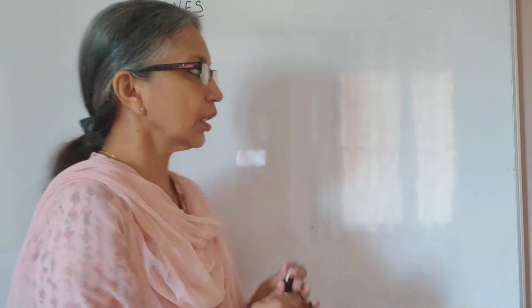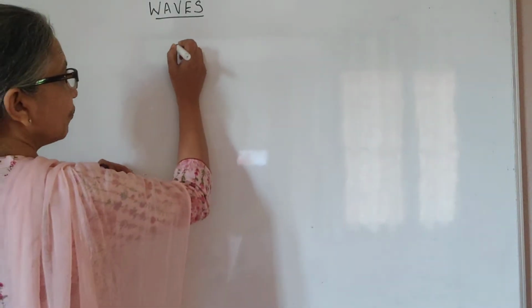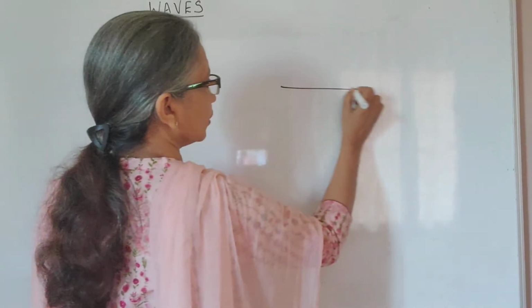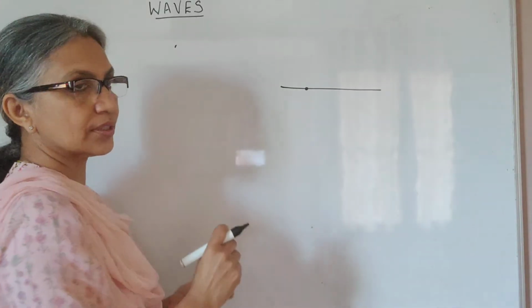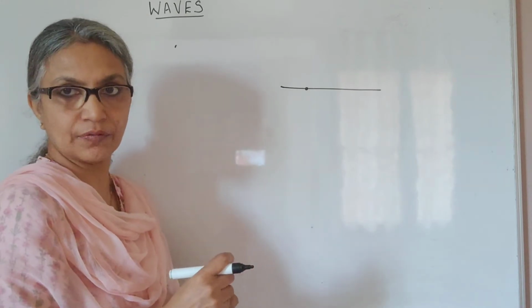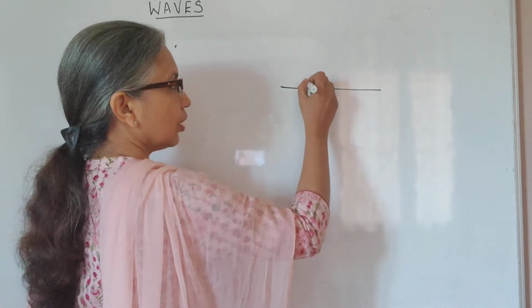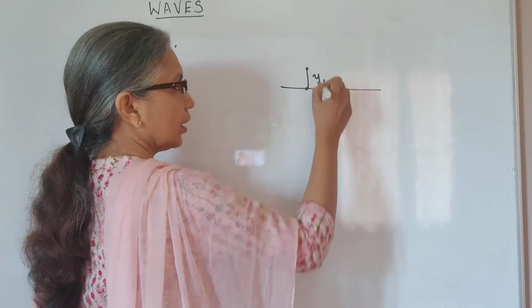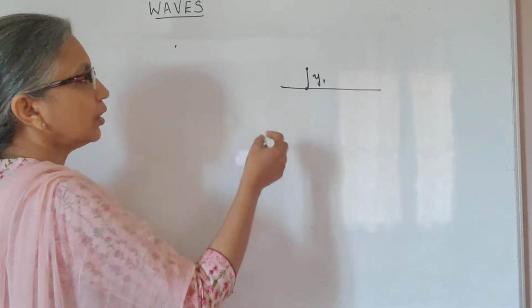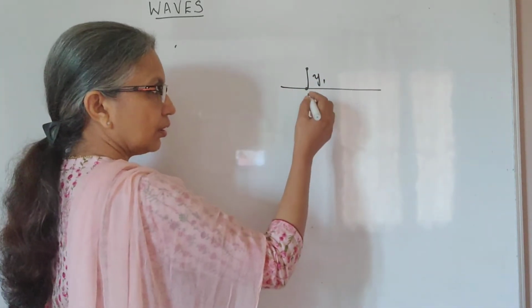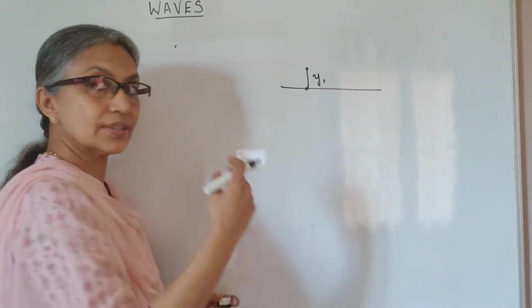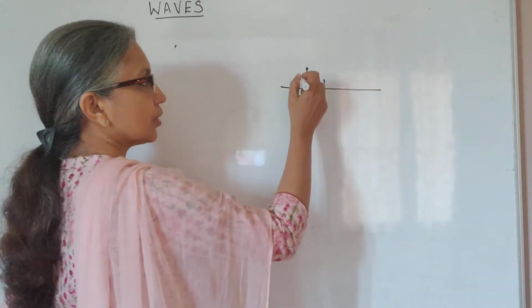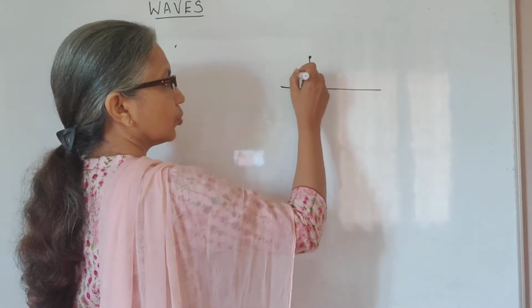For example, we have a particle at this point, which is receiving energy from one wave that displaces it through a displacement y1. At the same time, the second wave traveling through the medium, acting on this particle simultaneously, produces another displacement y2.